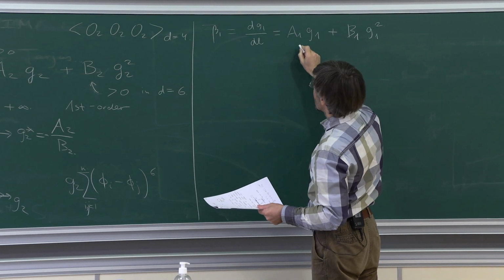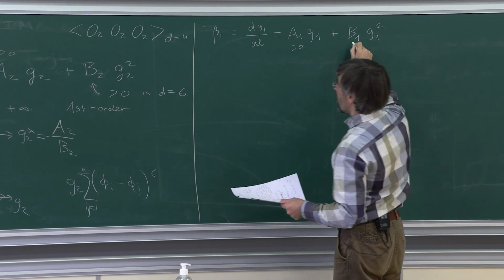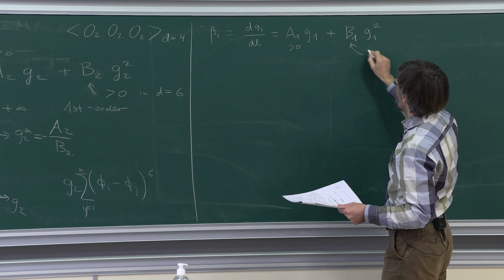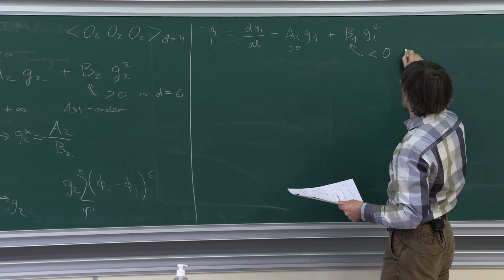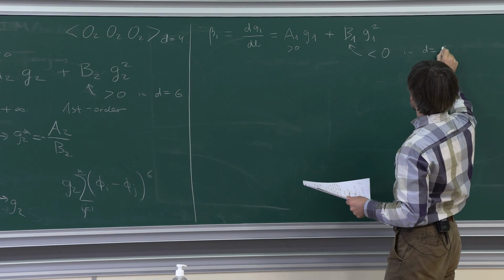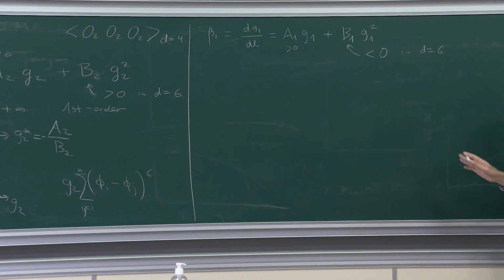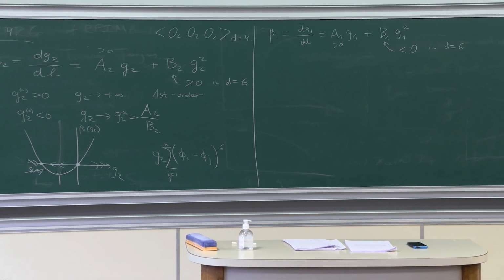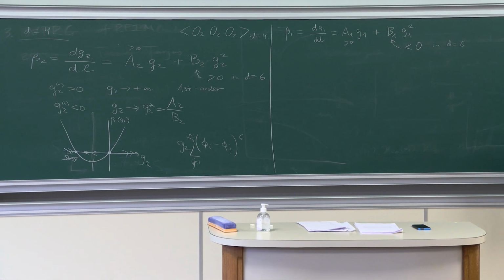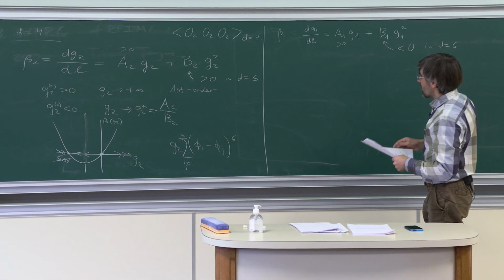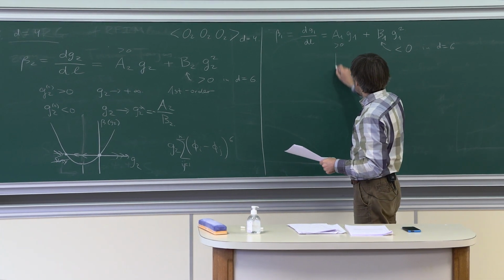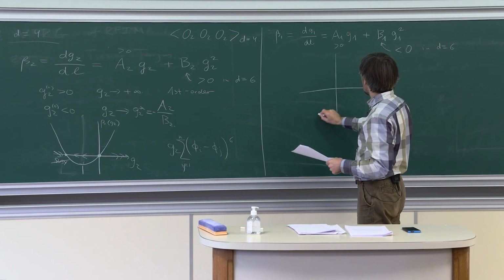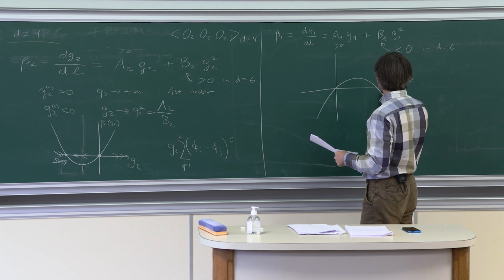Again, A1 is positive, and B1, again, you can compute it, and in this case, it turns out that it's negative in d equals 6. I hope I didn't make a mistake, but that's the calculation that one can do in principle. And so in this case, the beta function has a different form. So it looks like this.